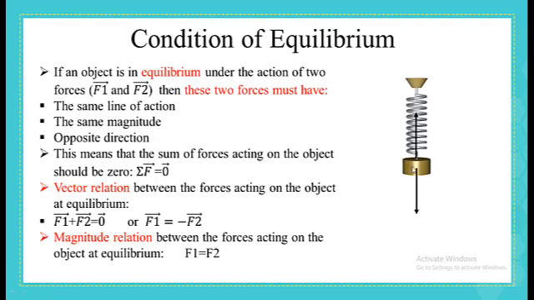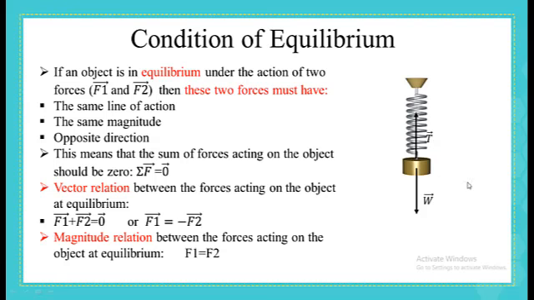Let's write the vector and magnitude relations. In order to do that, don't forget to give the name of each force. So we have the weight and tension. Starting with the vector relation, we have weight plus tension is equal to 0, or we can write it also as weight is equal but opposite to tension.